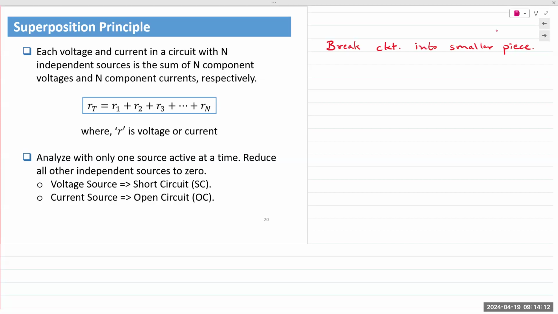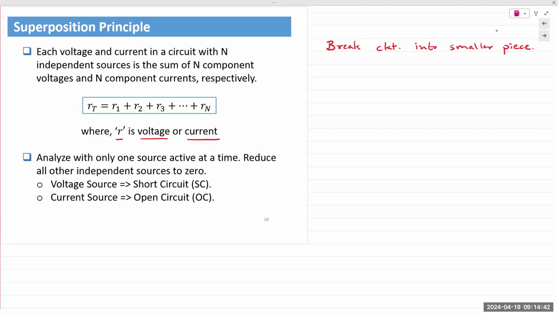Okay, so let's say R is the voltage or current that appears in the circuit. Could be any variable. Just for explanation purposes, I chose R because we primarily deal with resistors. And then you have n number of sources in the circuit. All you have to do is to analyze this circuit with one source active at a time.